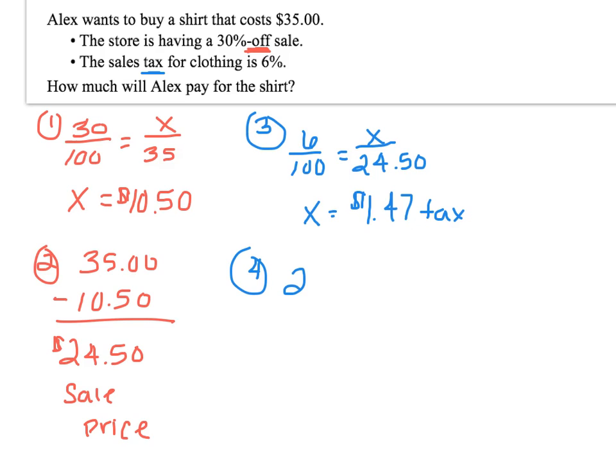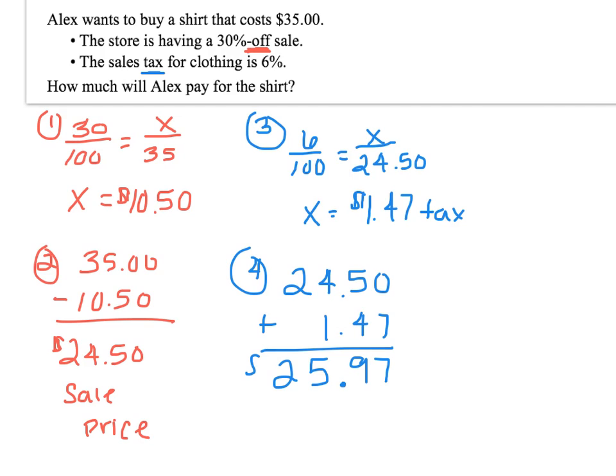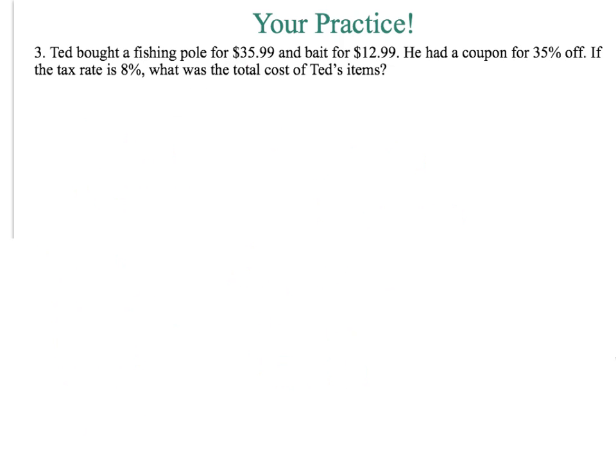So once I have the tax, I need to add it, and we should get $25.97. All right, we're going to continue our practice with this problem. Go ahead and solve on your own.